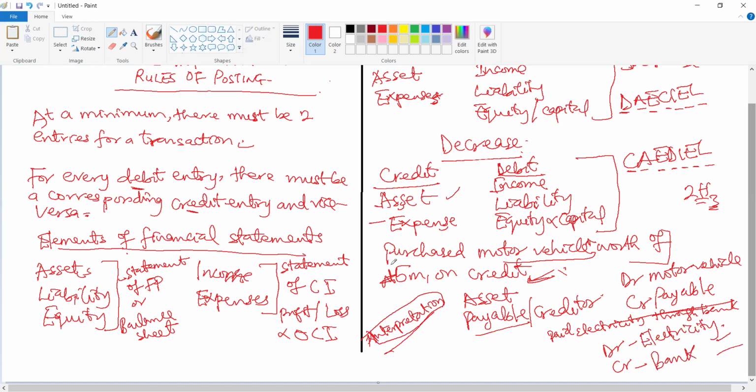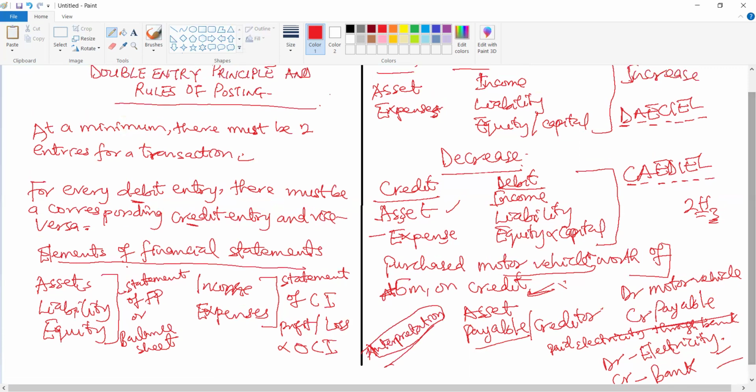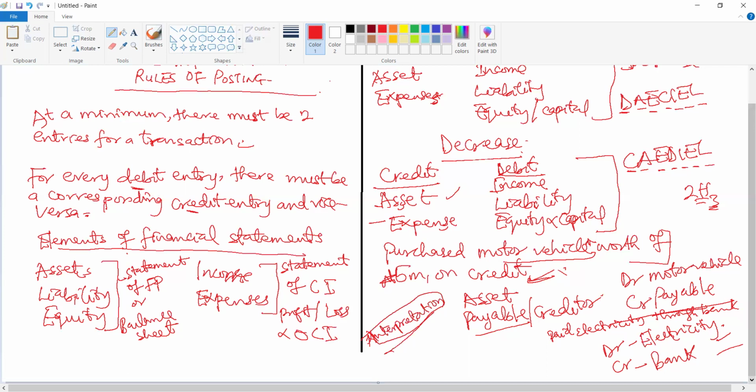If we understand this mnemonic, that debit increases assets and expenses, credit increases income, equity and liability, while credit reduces assets and expenses, and debit reduces income, equity and liability. So these are what we are just being asked to do.